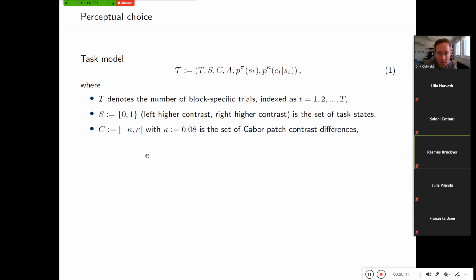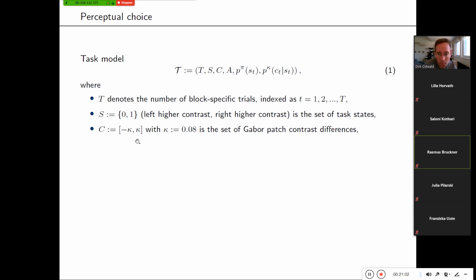Then the states here don't capture completely what the participant sees, because what is presented are contrast differences.